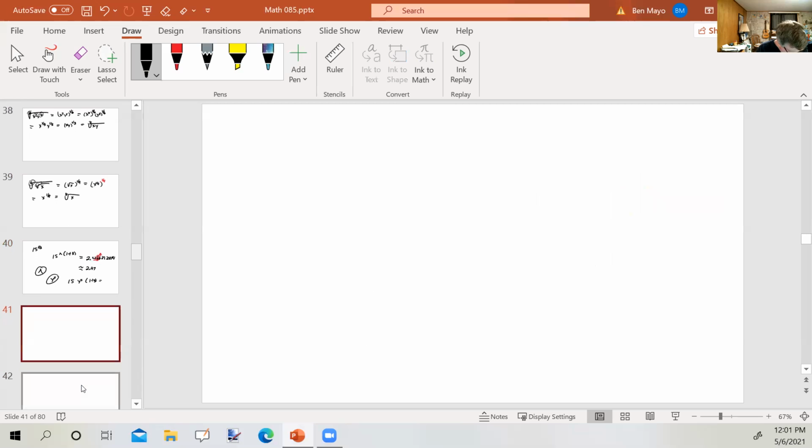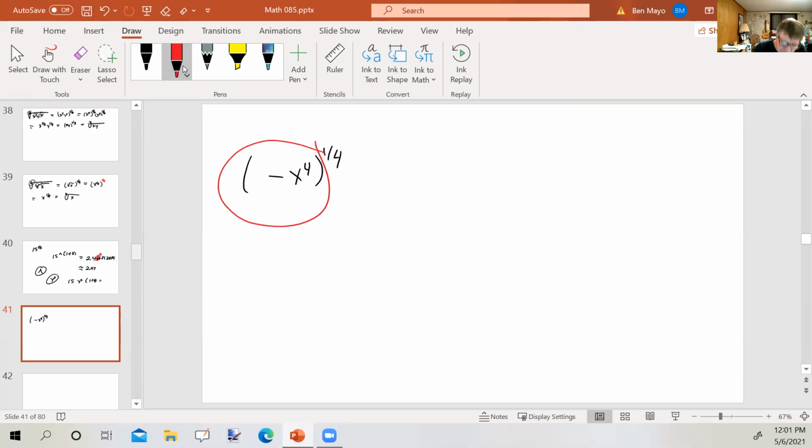One more here. What about this? Negative x to the 4th to the 1/4 power. What's the base here? The base for the 4 inside is just the x. But the base for the 1/4 outside is negative x to the 4th.